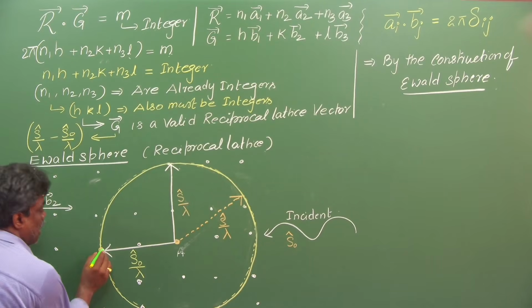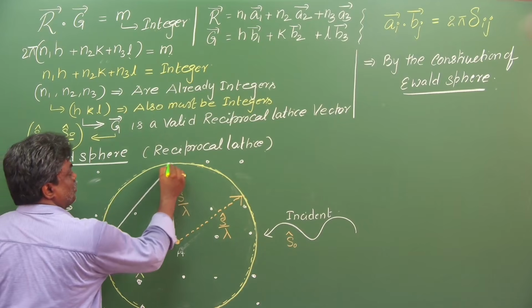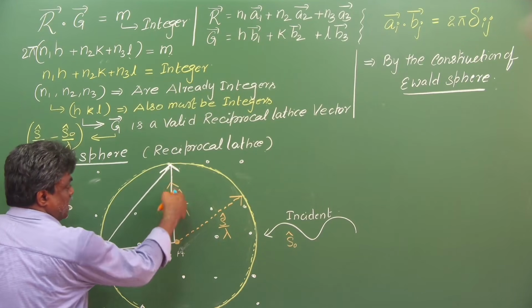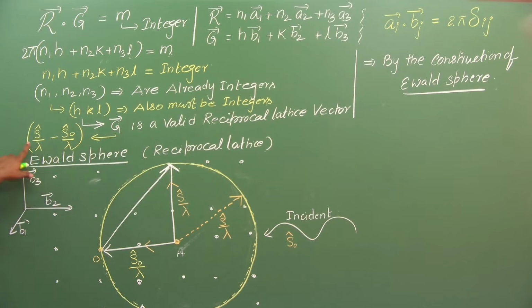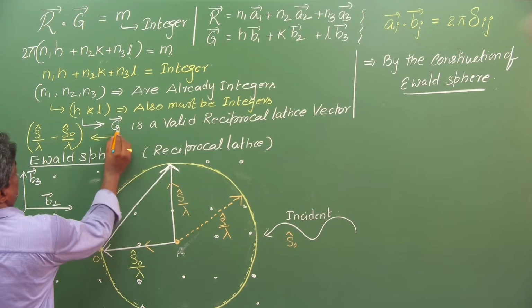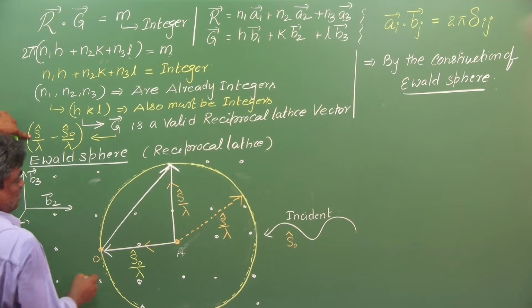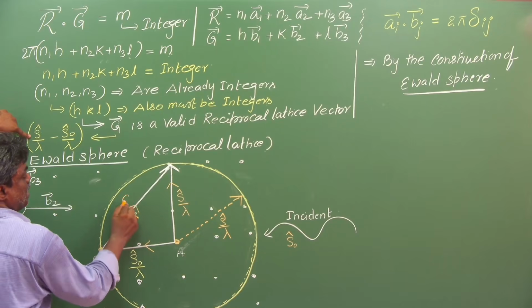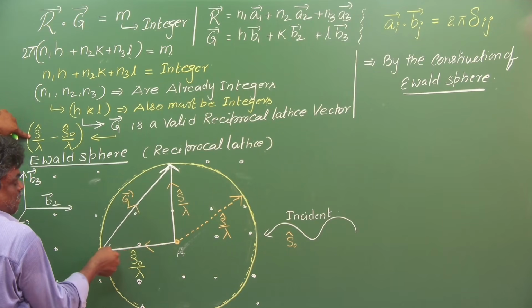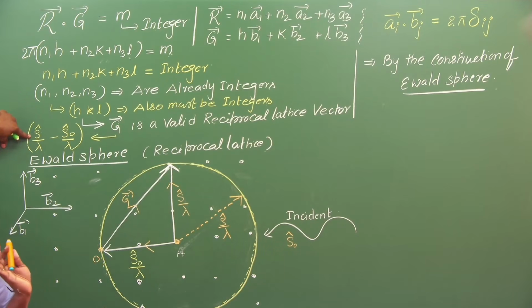Now, I hope you know you have to join these 2 points. Say yes or no? Now this is S cap by lambda and this is S naught cap by lambda. Don't forget this. What is your G bar? So that means G bar equals S cap by lambda minus S naught cap by lambda. So S cap by lambda equals S naught cap by lambda plus G bar. Everybody understand?